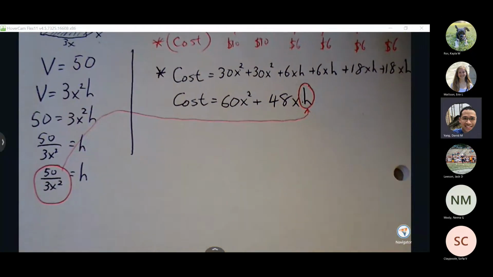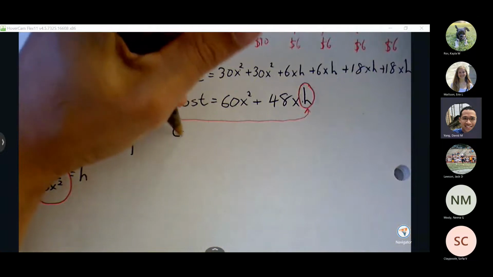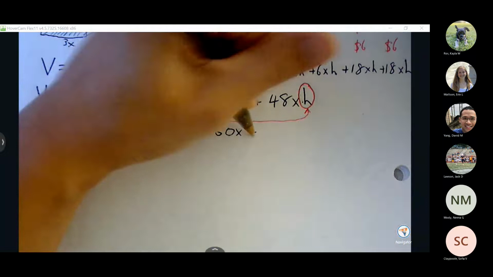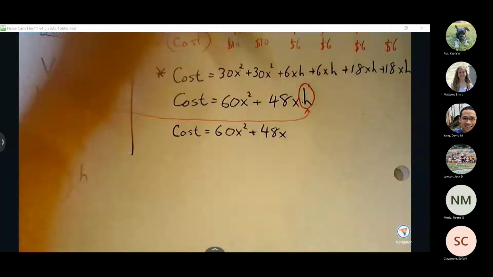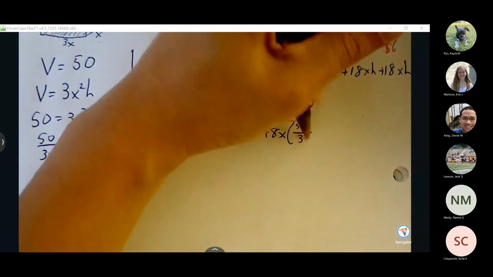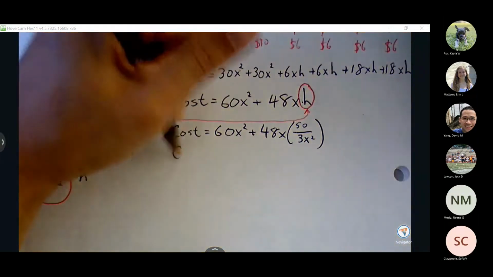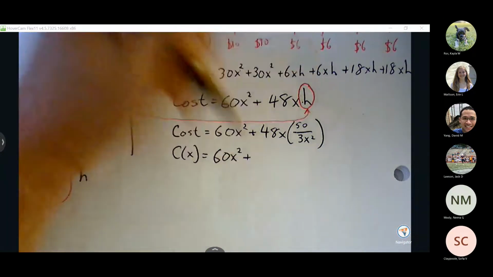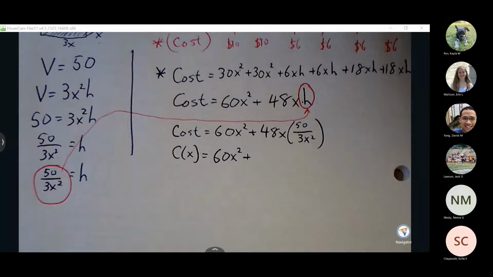Because I know my cost equation is what I'm trying to clean up, trying to eventually find the derivative for. Okay, 48 times 50 divided by 3.